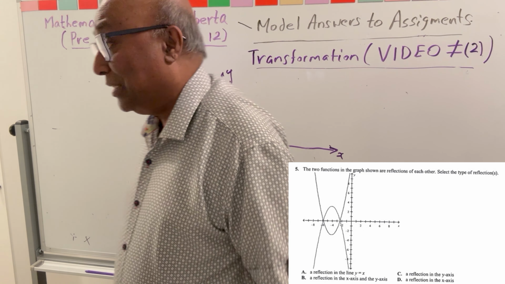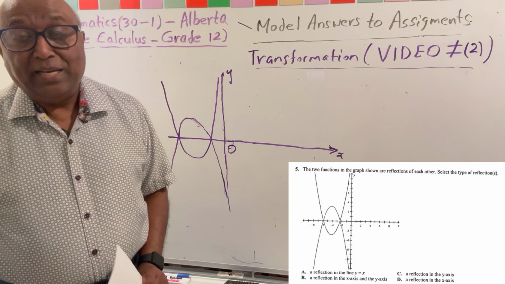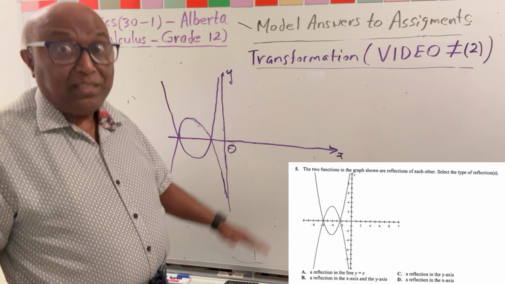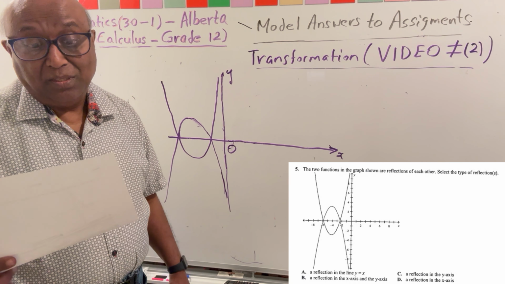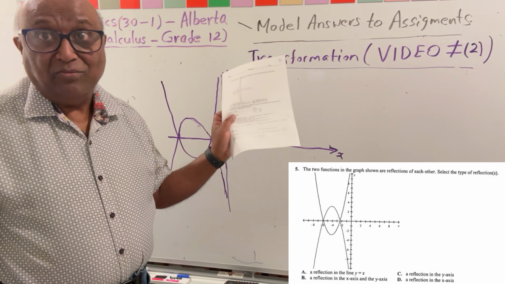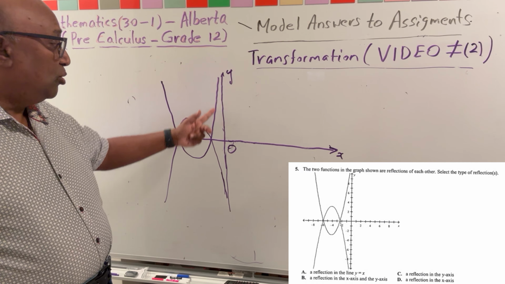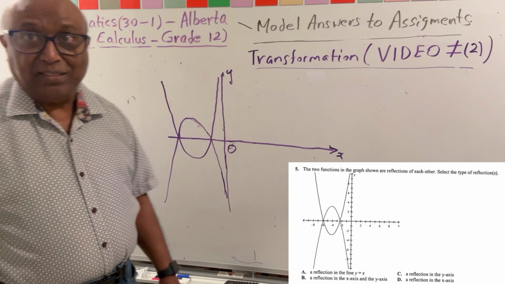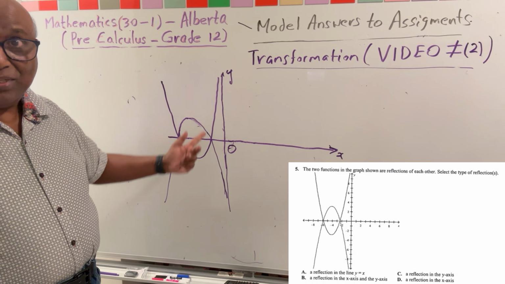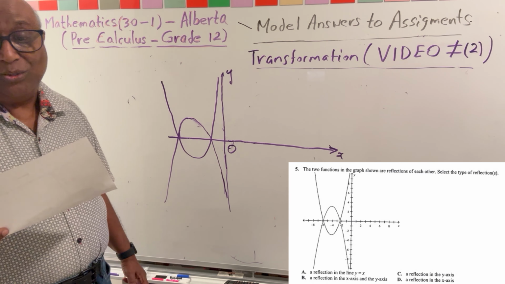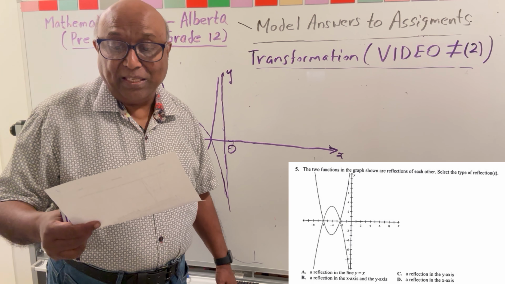Actually, this is a tricky question because we have been asked to identify the type of reflection, and the answers are given in word form. Even though they did not say which is the original function and which is the image function, it doesn't matter. That means one graph is the reflection of the other.